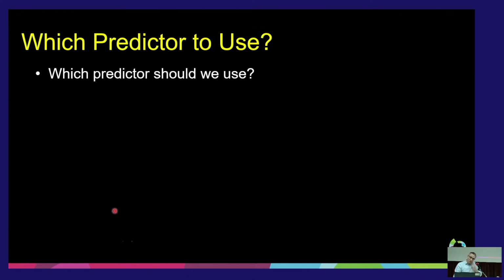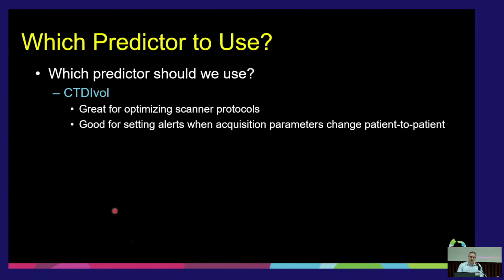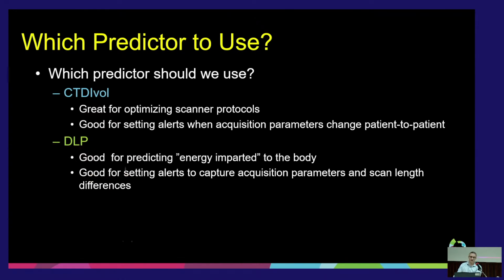So we're talking CT, of course, so what predictors should we make sure these dose monitoring systems can handle? Obviously, we want to make sure they can handle CTDI volume, which is a really good metric for helping to optimize scan protocols, change parameters, and set alerts. DLP, we've also talked about that. It's not only the output from the scanner, but it's the output as a function of the distance you scan on the patient.